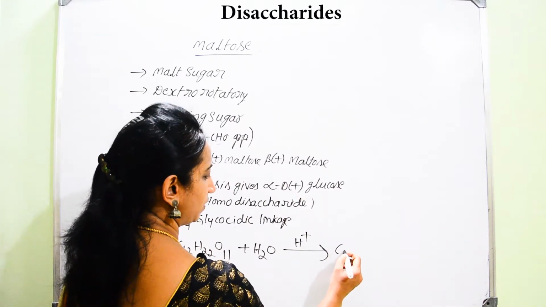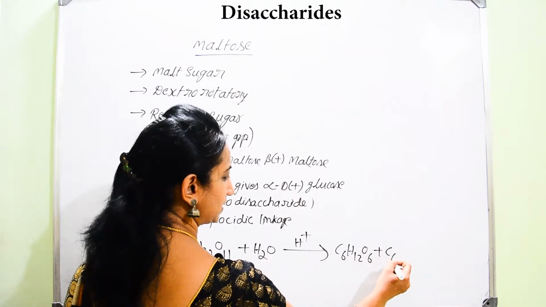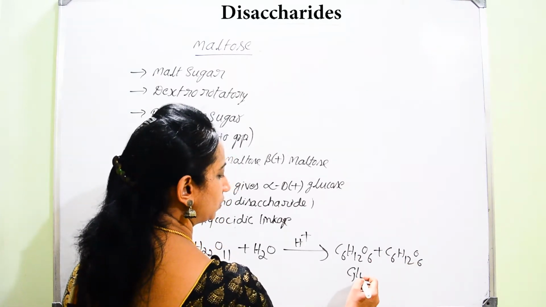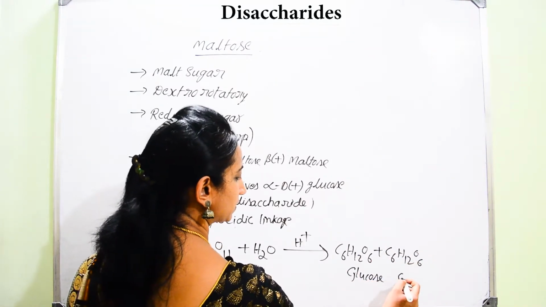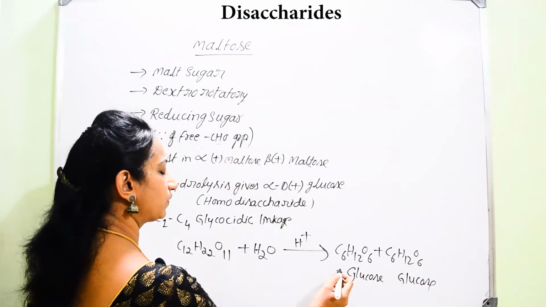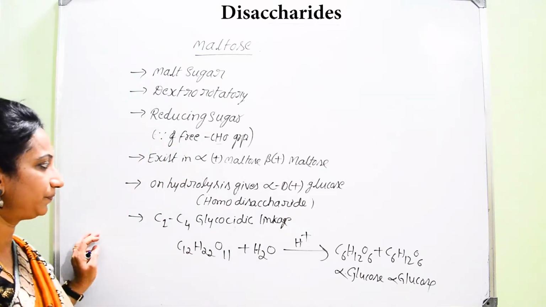One is alpha C6H12O6 and another one is C6H12O6, that is, both are glucose units. Of course, what form of glucose units are they? Alpha form. It is also alpha form.